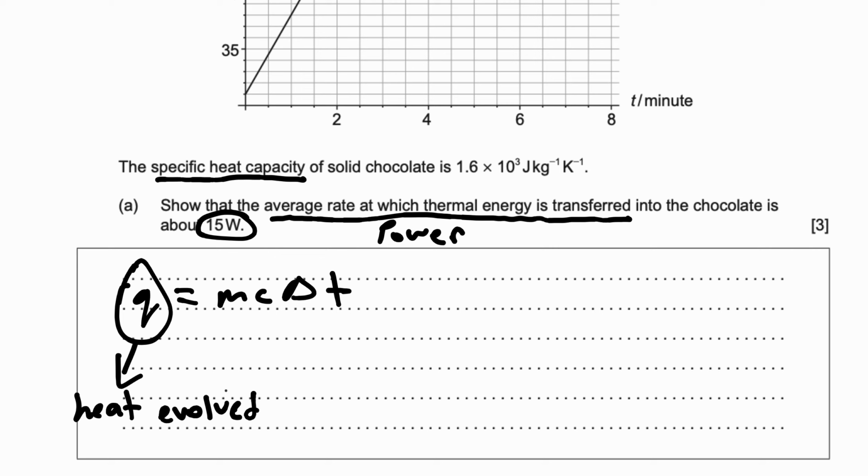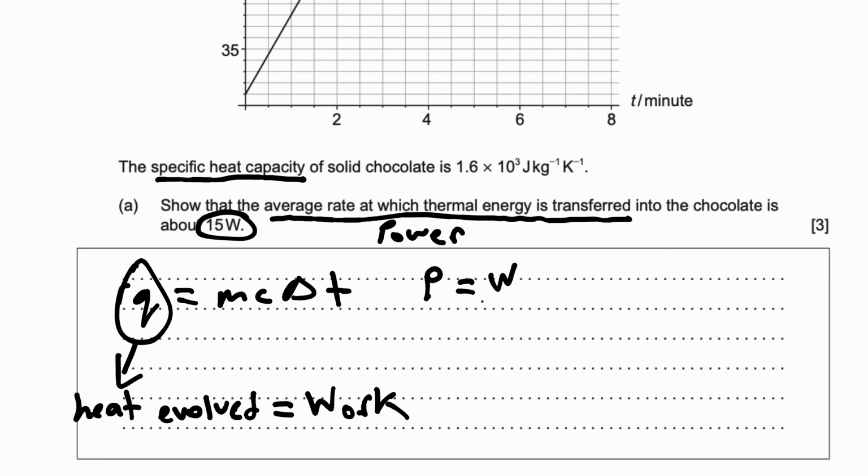Now, to put this into perspective, what is a usual variable that we use when relating anything to energy? Well, we know that the change in energy or energy transfer is nothing else but work. So, what is the formula for power?